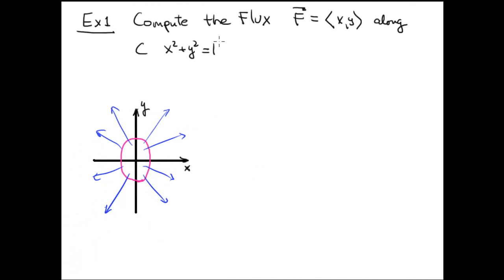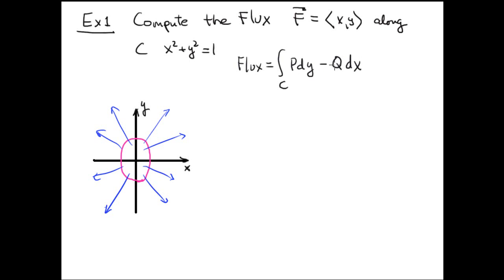Okay, example number 1 is to compute the flux of this vector field. It's the same vector field we were working with before. It's completely radial along the curve C, which is the unit circle with the center at the origin. One more time we apply this formula. Flux is equal to the line integral of P dy minus Q dx.